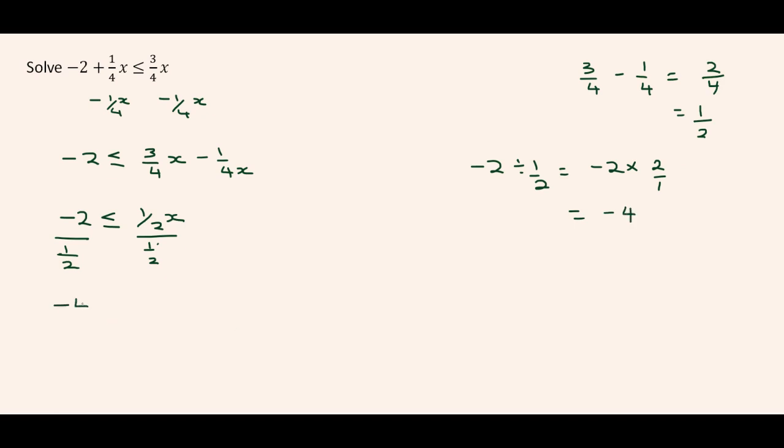So -4 ≤ x. But as a best practice, we always want the variable on the left-hand side. So when we switch it, we also reverse the inequality. That's going to be x ≥ -4.